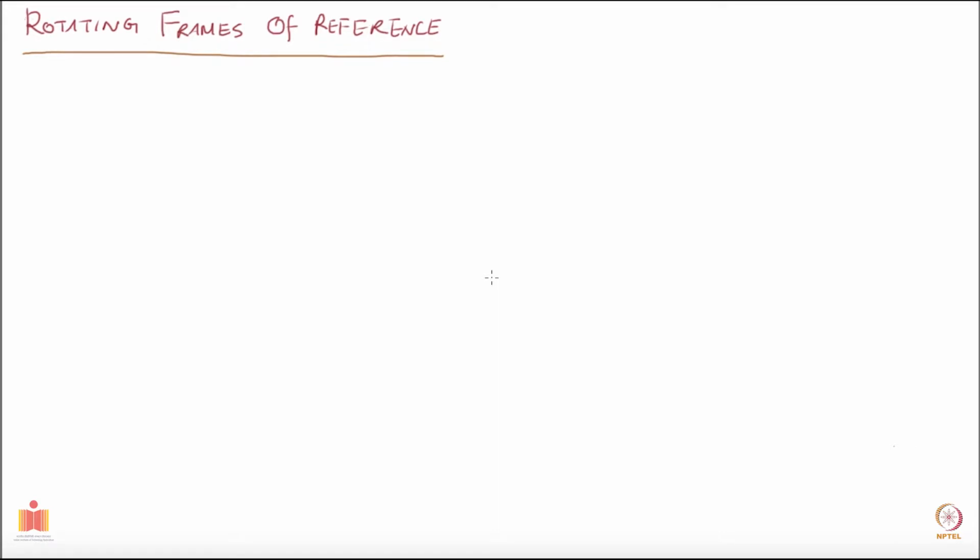So what we do is we imagine one frame which is inertial, and another frame which is rotating with respect to this inertial frame, a rotating frame.